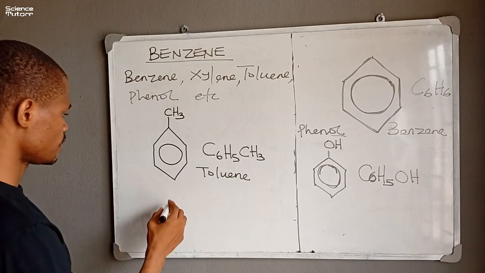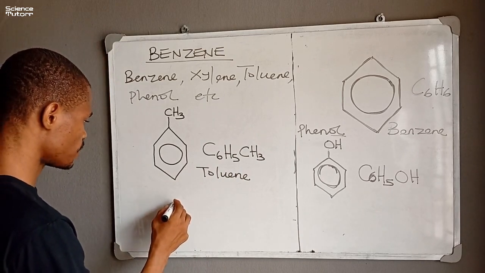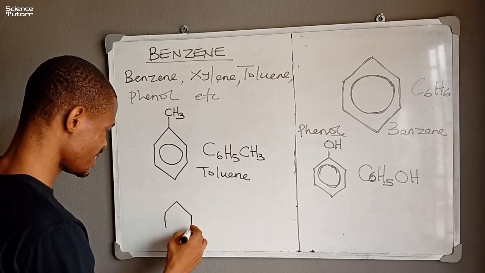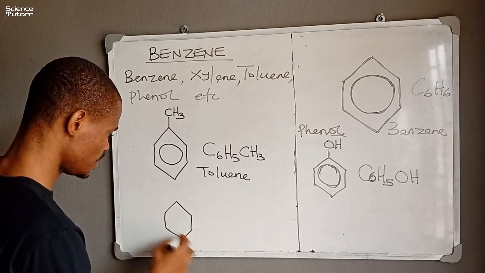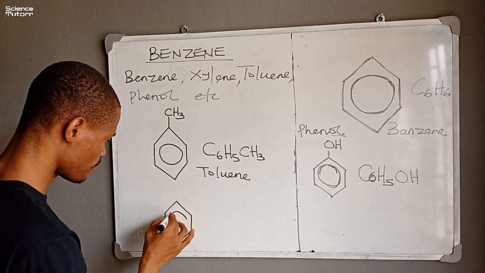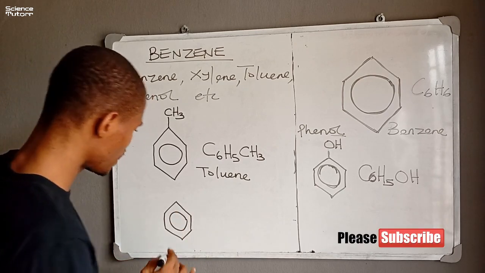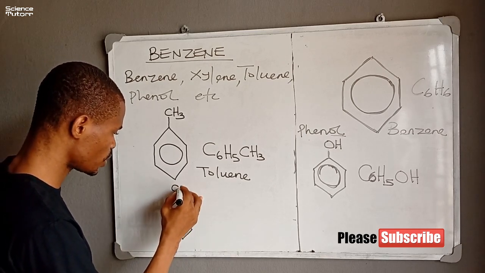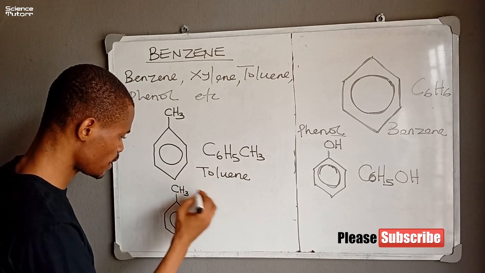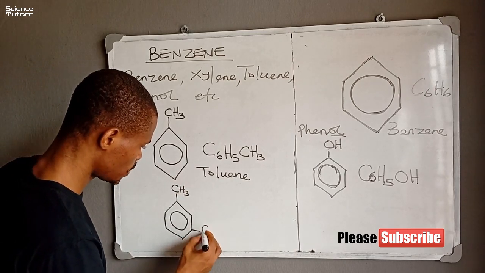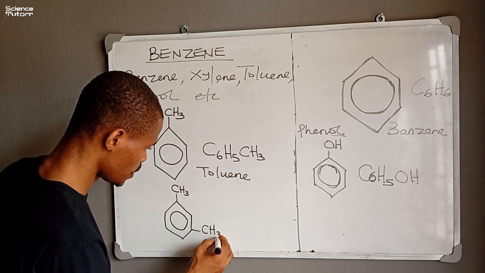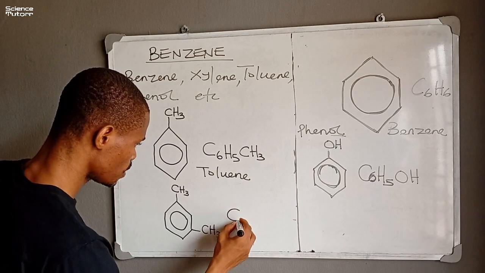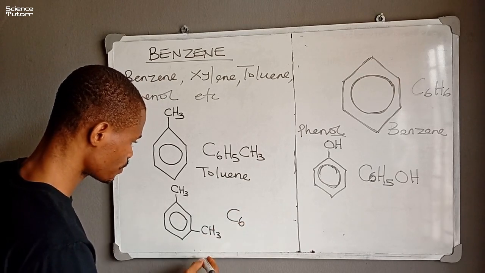How about xylene? For xylene, we still have the same structure of benzene. That is why we say they are related to benzene compounds. So we still have the same structure, but in this case, the hydrogen atoms are replaced by a double CH3 group. This is one CH3, another one here, CH3, which at the end of the day makes the compound C6.